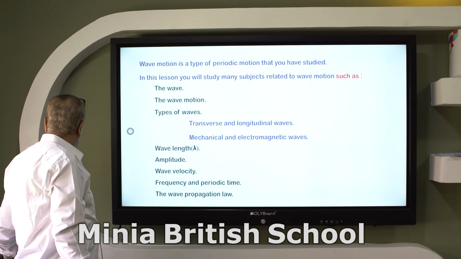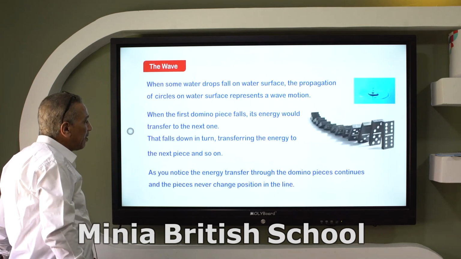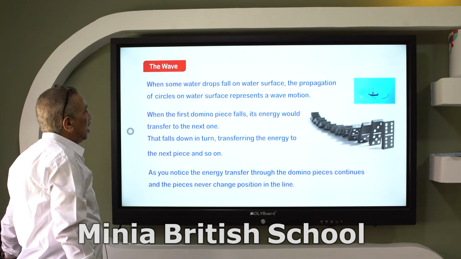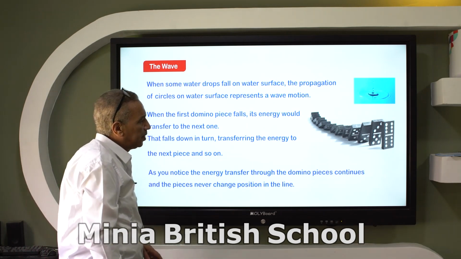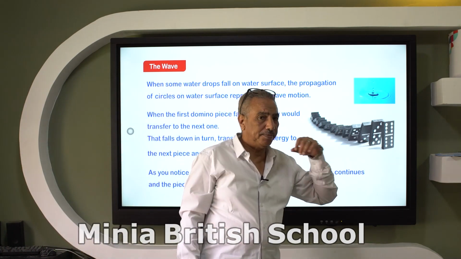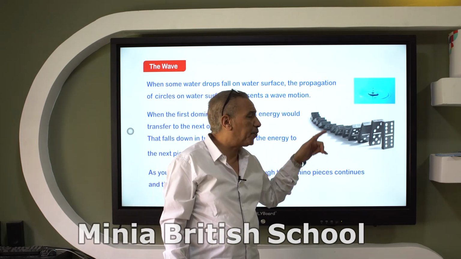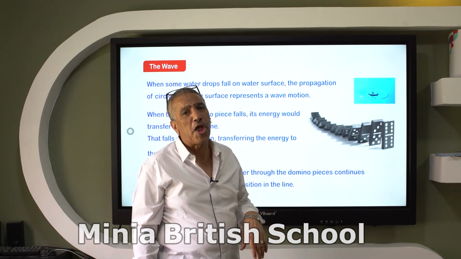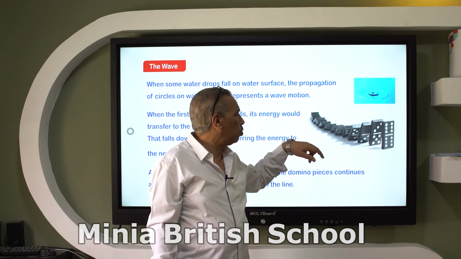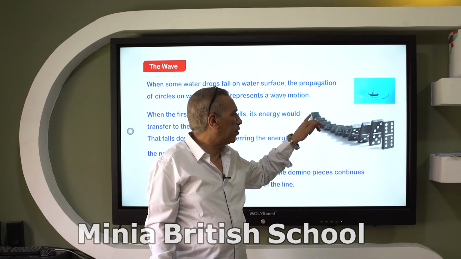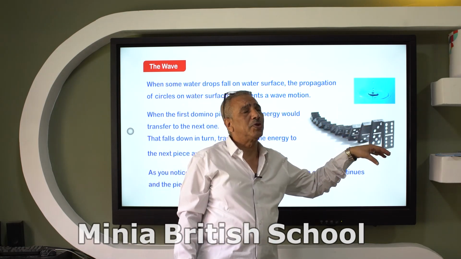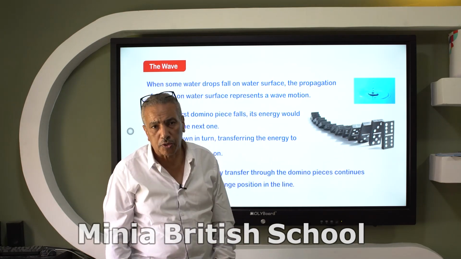The second one is the wave motion. If we have dominoes here, and all of them are arranged in a certain way, if I push the first one, it will transfer its energy to the second one, transfer the energy to the third one, until sending the energy to the last one.